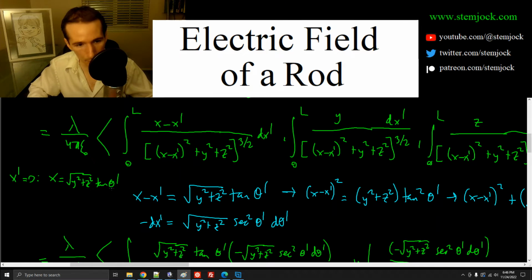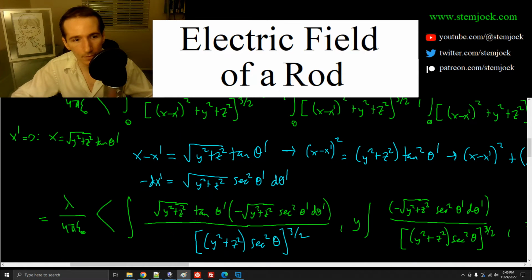Solving for theta prime, for 0, I'm going to have inverse tangent of x over square root y squared plus z squared.